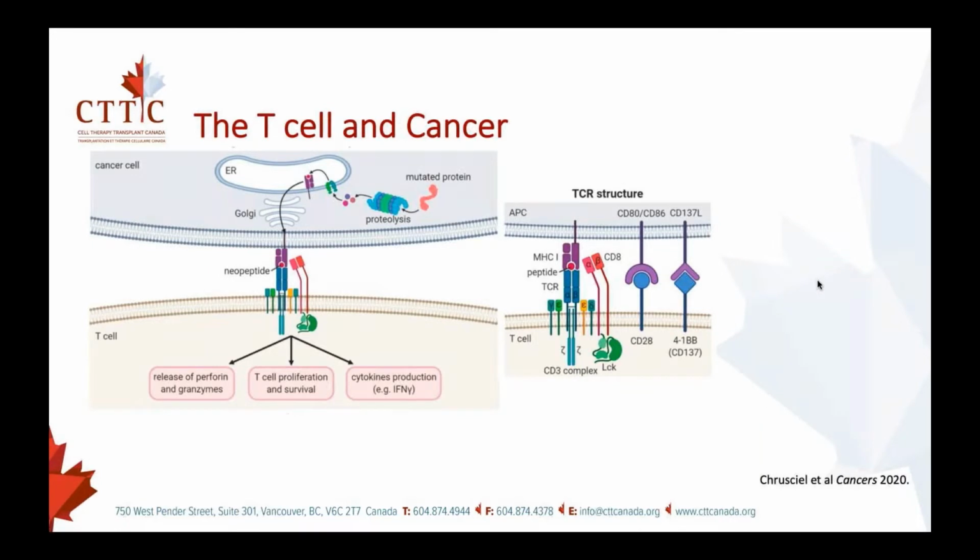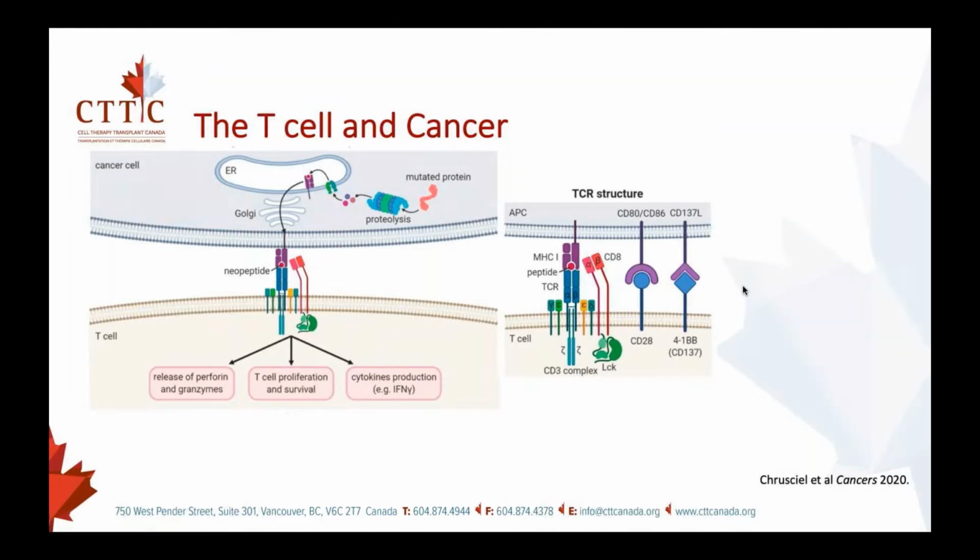Well, T cells recognize cancer cells or virally infected cells through various different mechanisms, but when we're talking about cancer cells, it's typically that they recognize a neopeptide associated with that cancer, presented through MHC presentation to the TCR receptor, and then the T cell gets activated, leading to release of perforin and granzyme, which kills the cancer cell, cytokine production, as well as T cell proliferation and survival to really make those T cell clones grow out and kill more of the cancer cells.